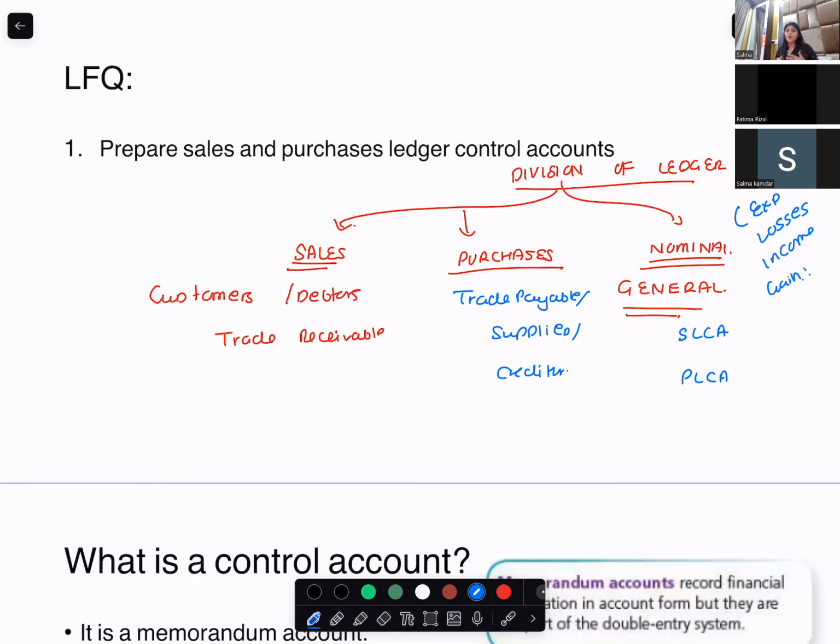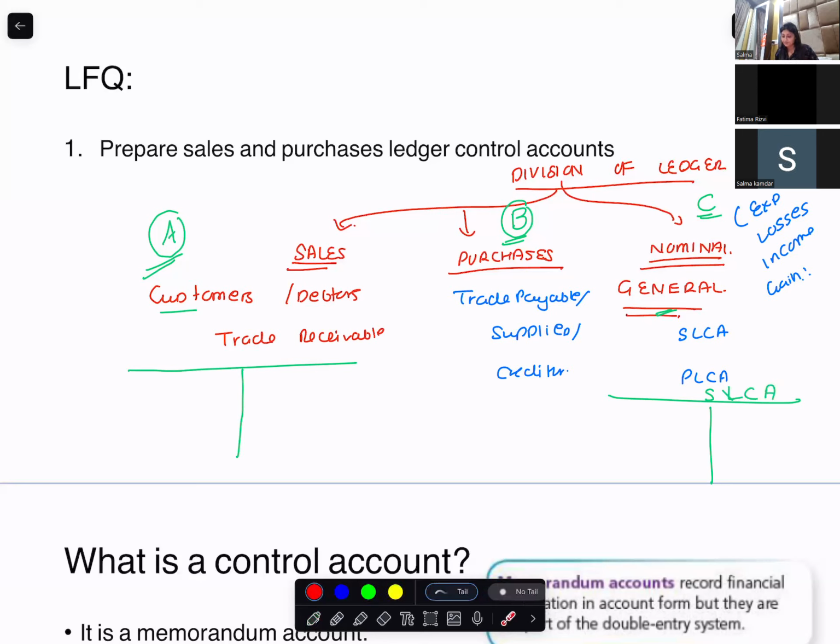Now understand one thing. In accounts, ledgers are maintained by different persons. Say person A is responsible for keeping the sales ledger, person B is responsible for the purchase ledger, and person C is responsible for the general ledger. In the sales ledger, I make the customer account, which looks exactly like the sales ledger control account.